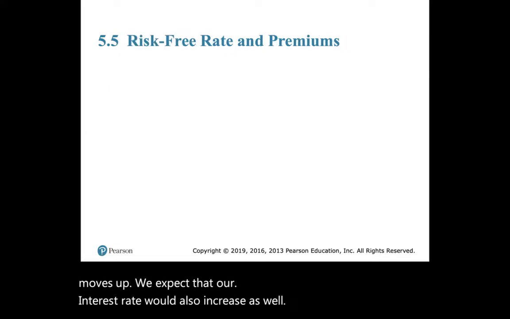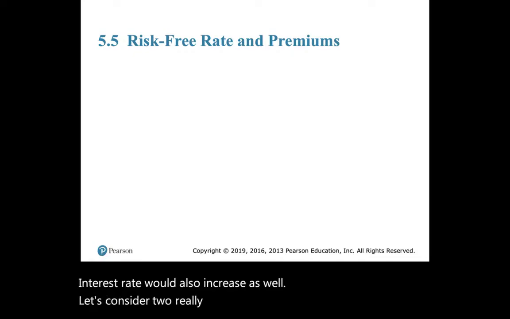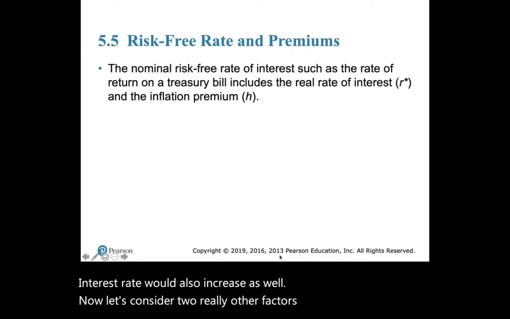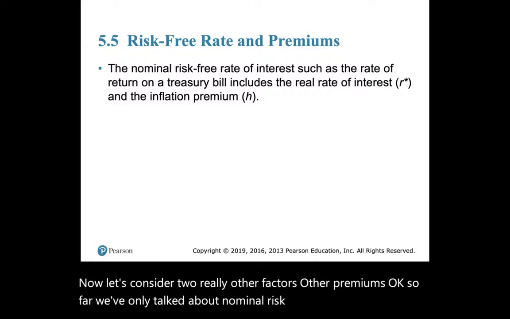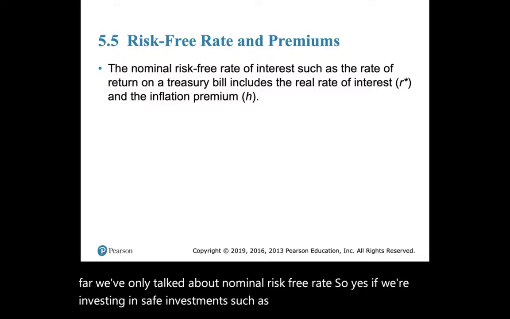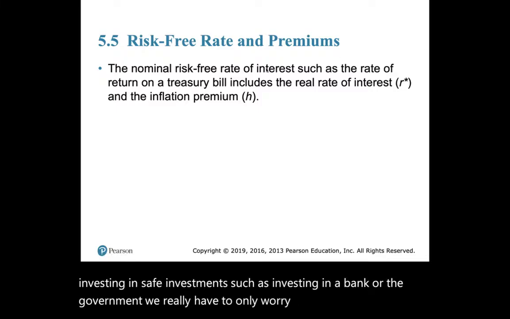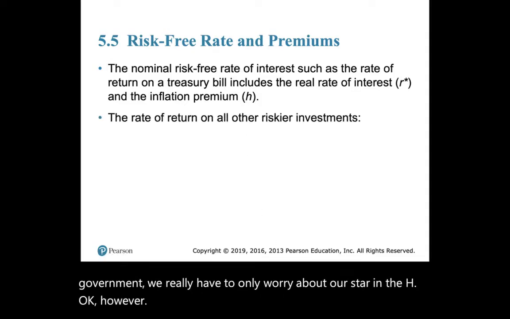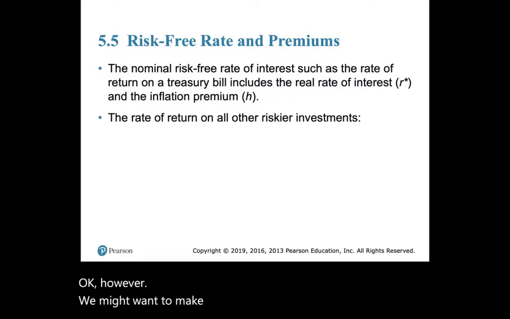Now let's consider two other factors, other premiums. So far we've only talked about the nominal risk-free rate. If we're investing in safe investments such as a bank or the government, we only have to worry about the R star and the H. However, we might want to make other investments, some more interesting or riskier investments.